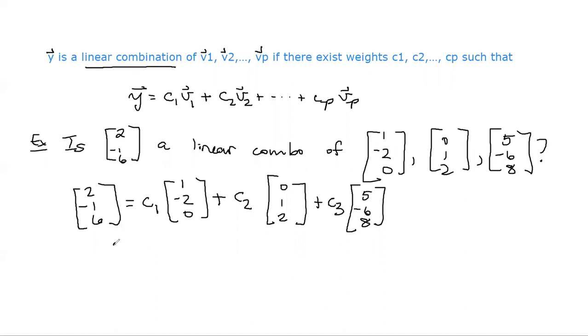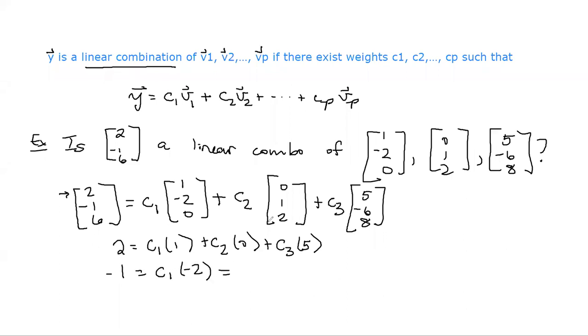So we'd have to have 2 equals c1 times 1 plus c2 times 0 plus c3 times 5. This is the first entry in each of these vectors. Simultaneously, we'd need the second entry to work as well: -1 equals c1 times -2 plus c2 times 1 plus c3 times -6. And at the same time, we'd also need 6 to equal c1 times 0 plus c2 times 2 plus c3 times 8.